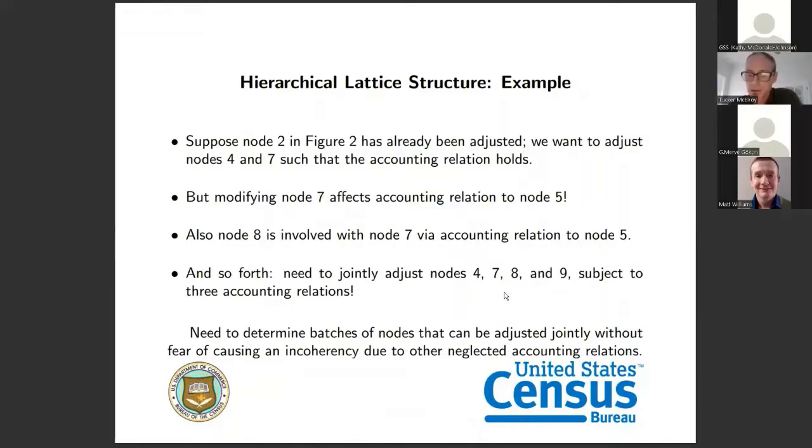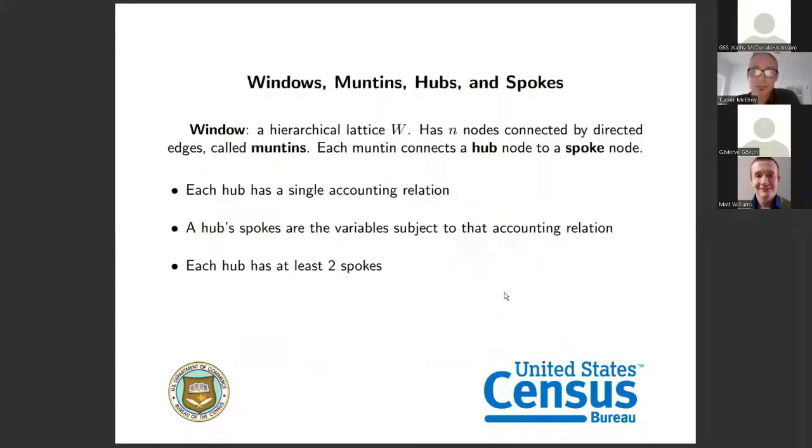So this is the motivation for what I'm going to go into in a little more depth: we want to determine batches of nodes that can be adjusted jointly without fear of causing some other kind of incoherency due to neglected accounting relations. And so the right concept, I'm going to argue, is that of a terrace.